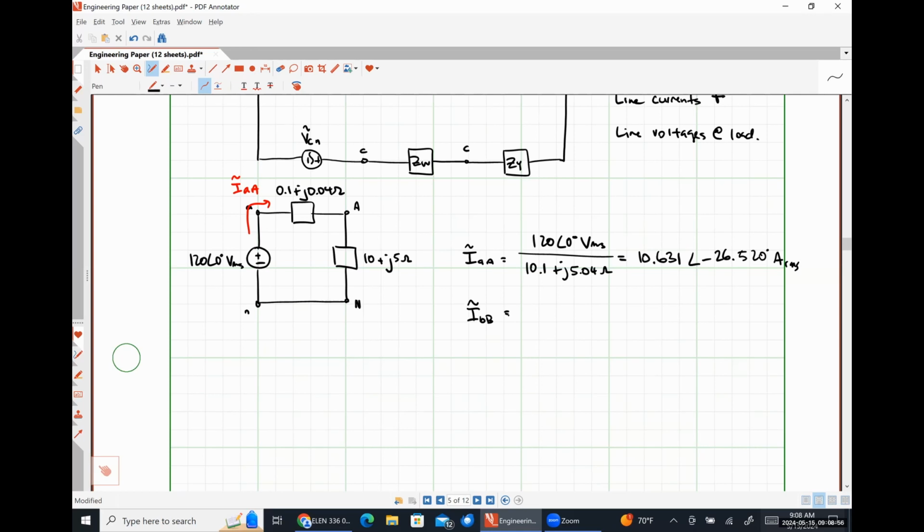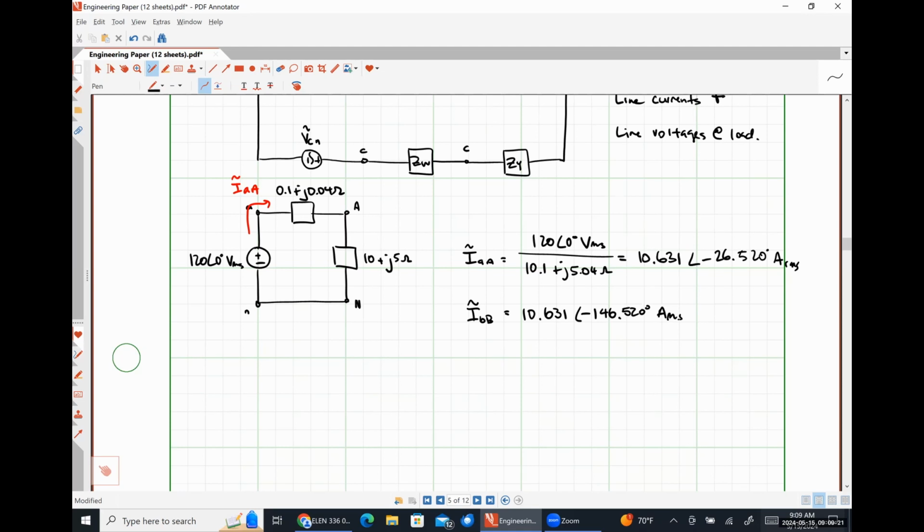What will IBB be? Great, you did exactly the work that I was expecting you to do. And by that, I mean practically none at all. Kept the magnitude the same, subtracted 120 degrees.